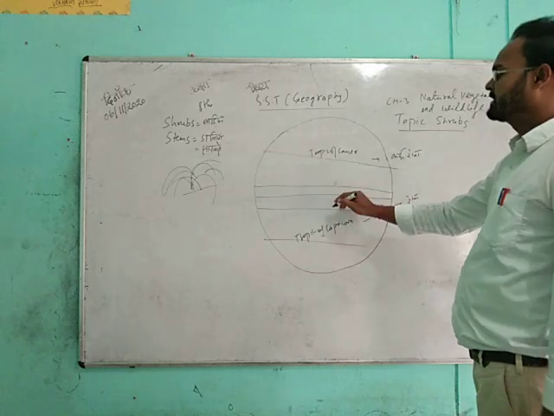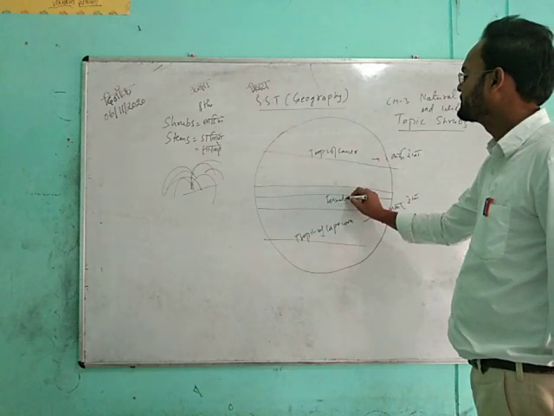So this is the equator, the middle, that is the diameter of the circle.